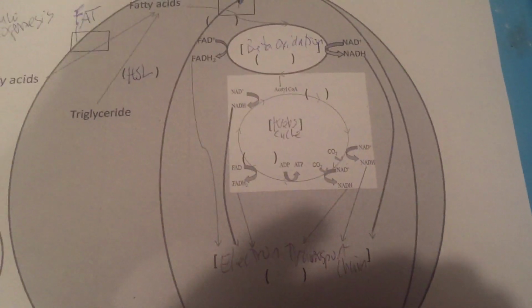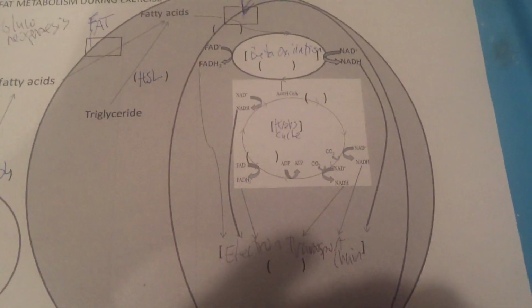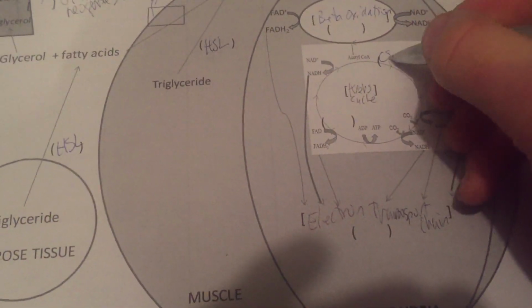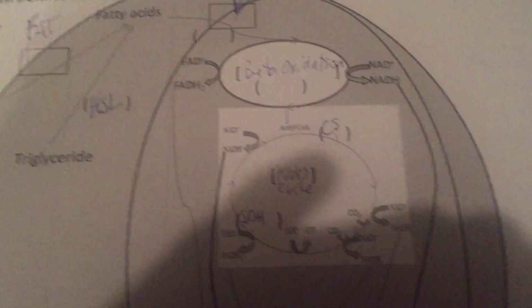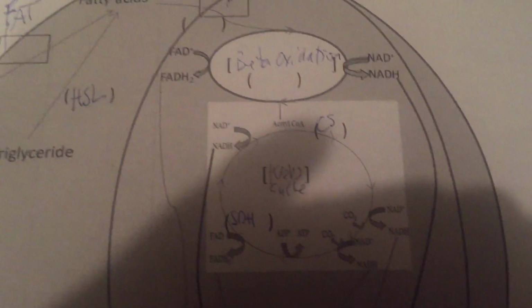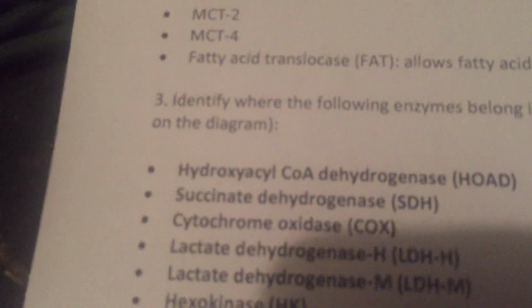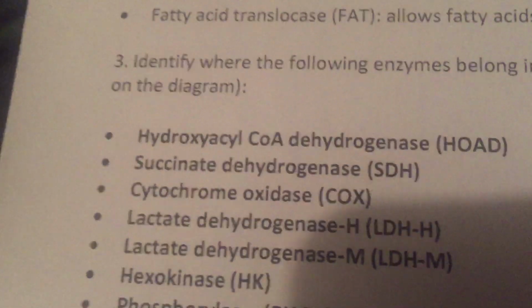And then the rest of the enzymes, three of them actually, you filled in on the carbohydrate metabolism diagram. So that would include citrate synthase. I'm just going to put CS here. Your succinate dehydrogenase, and those are markers of your Krebs cycle, or enzymes of the Krebs cycle. Up here for beta oxidation, the one that belongs there is that really long one called hydroxyacyl-CoA dehydrogenase, or HOAD.